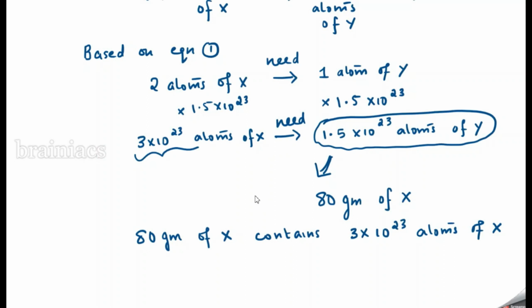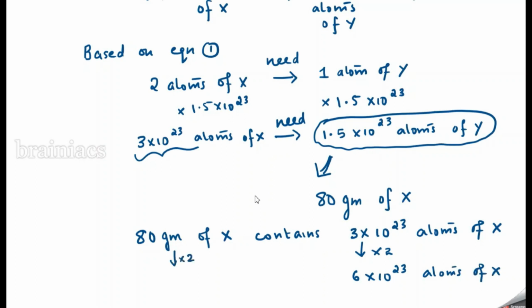Now, that means 3 into 10 power 23 atoms of X has 80 gram. But we know that Avogadro number of atoms of any element will have a mass equal to the molecular mass. So we need to convert this 3 into 10 power 23 to Avogadro number. For that we should multiply by 2. So this will become 6 into 10 power 23 atoms of X. So do it also on the LHS, multiply by 2.